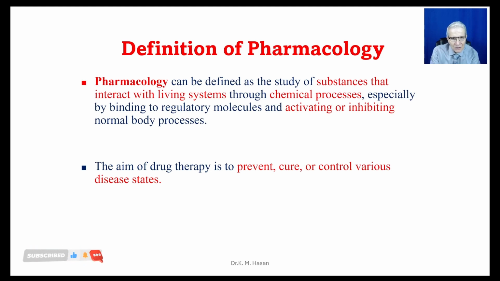The living system here could be a human body, organs, cells, or tissues. So again, pharmacology is a field of study of substances that interact with the living system through chemical processes, especially regulatory molecules that activate or inhibit the normal body process.